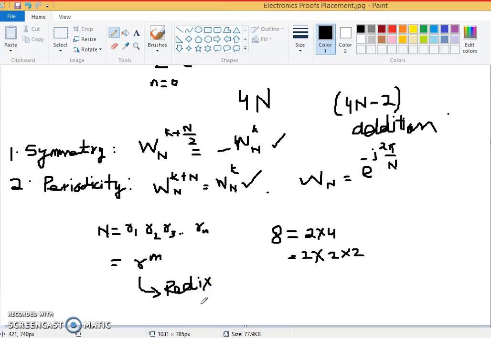Even though the radix could be different, we will be talking about radix equal to 2, so that 8 can be written as 2 raised to power 3.